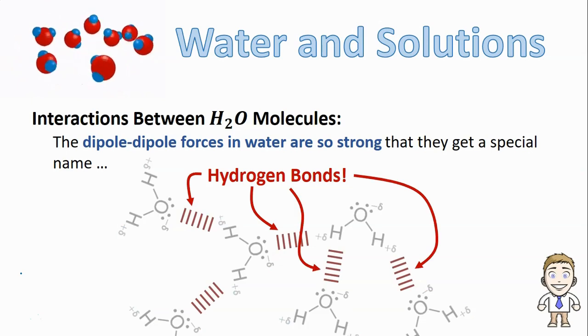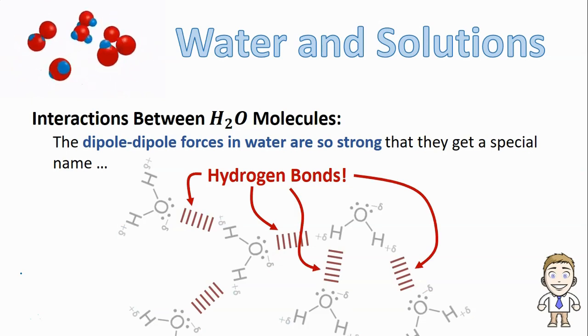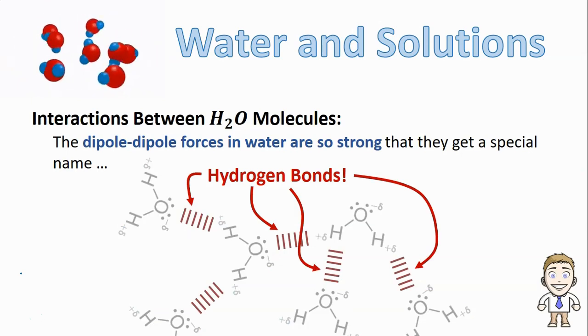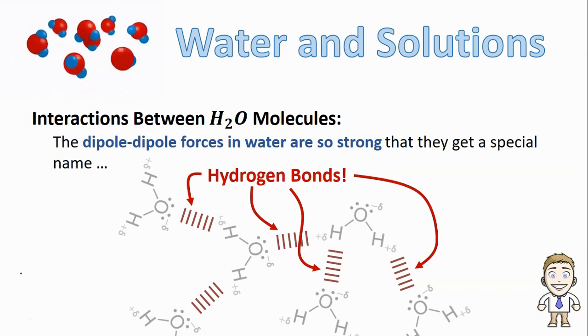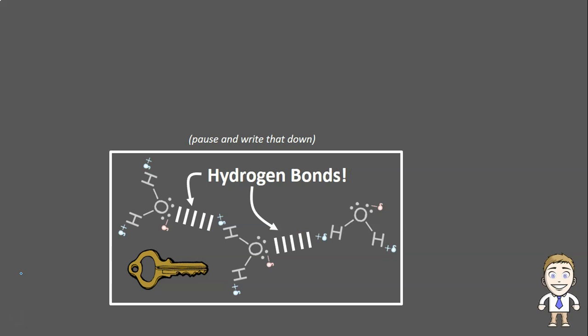They're called hydrogen bonds. So again, the same things we had highlighted in blue, the dipole-dipole interactions, are also called hydrogen bonds, now highlighted in red. The existence of hydrogen bonds between water molecules is the second and final key idea for this video. Make sure you've paused and taken a moment to write that down.